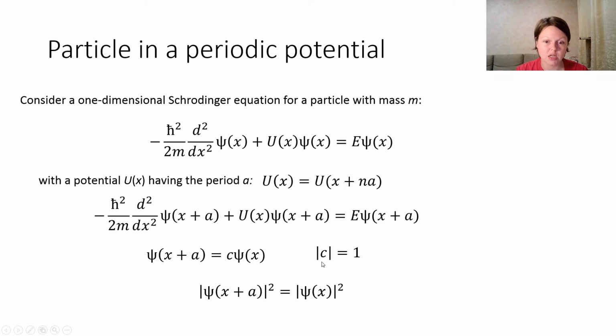It means that the modulus of C should be equal to unity. And it means that the square of the modules of these two wave functions should be equal. The main conclusion from this situation is that points with coordinate x and coordinate x plus a are equivalent.